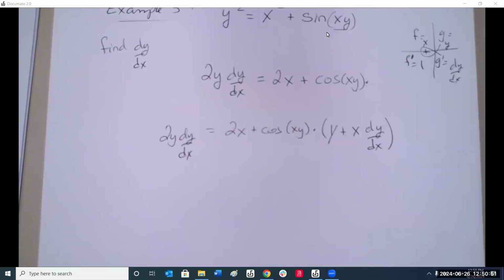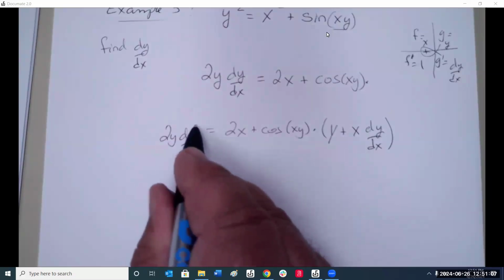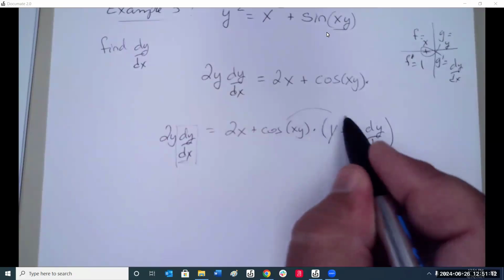Now we have to get dy/dx by itself. How do we do that? Well, since this dy/dx is over here, it's okay. This one's inside the parentheses, so I have to multiply.